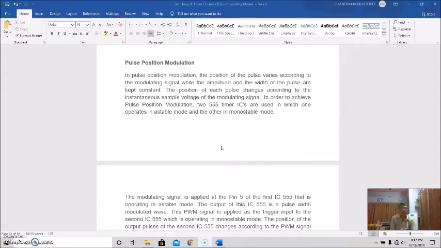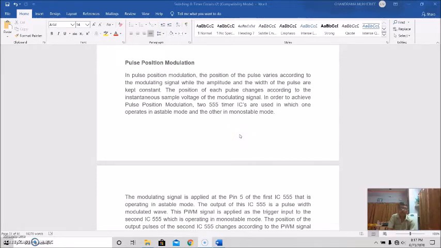We have also discussed the Astable multivibrator as a square wave generator. We have seen two alternative circuits for square wave generation.